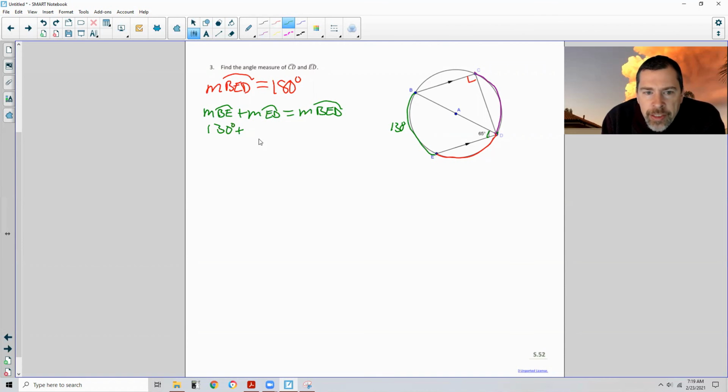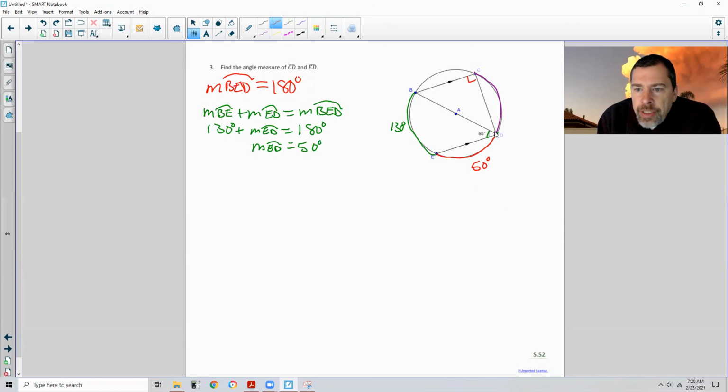The measure of ED is what we're trying to find, so I'll leave that there. And that is going to equal BED, which is 180 degrees. So when I subtract 130 from both sides, I find the measure of ED, and that is 50 degrees. All right, so now I've got to find the measure of CD, which is right here.